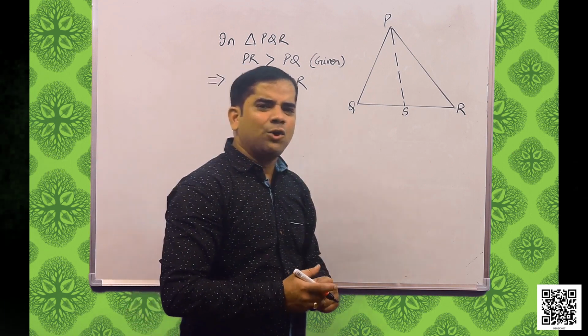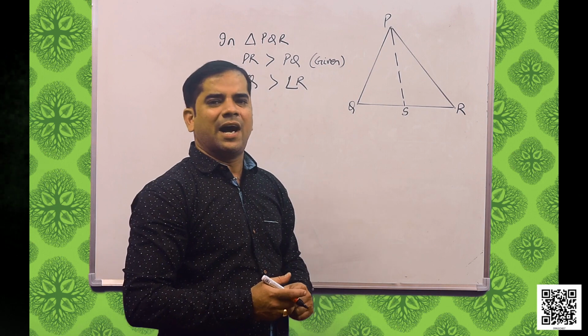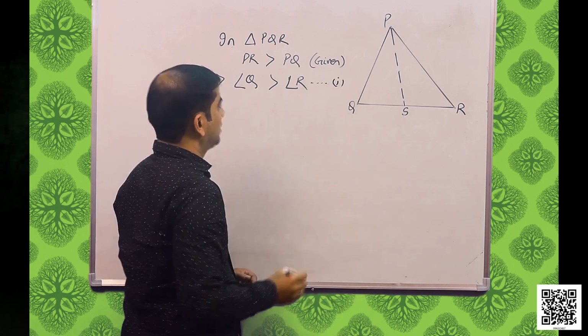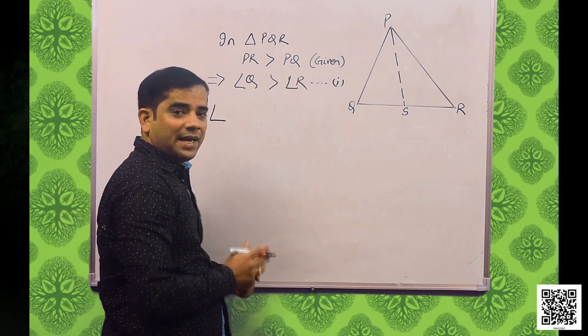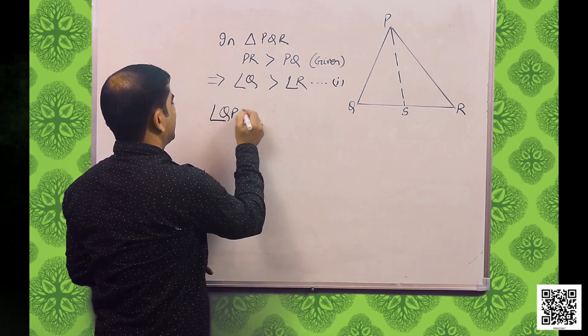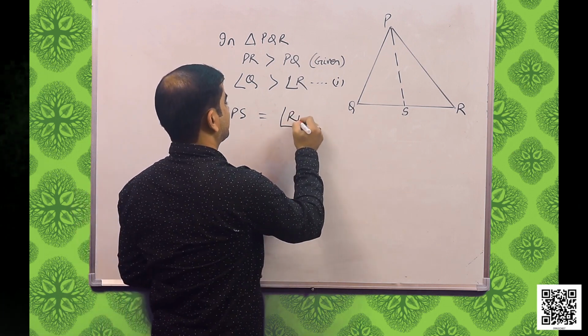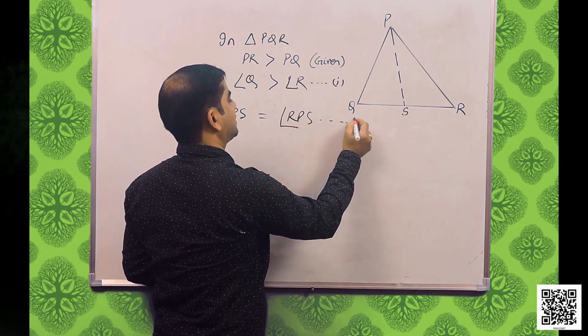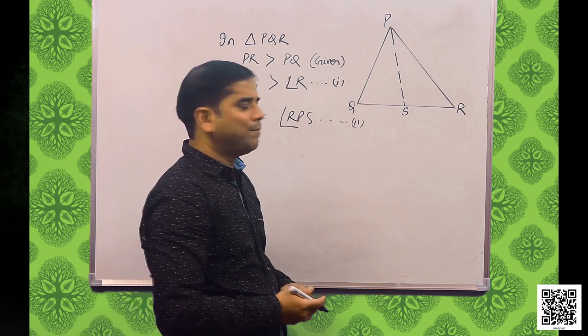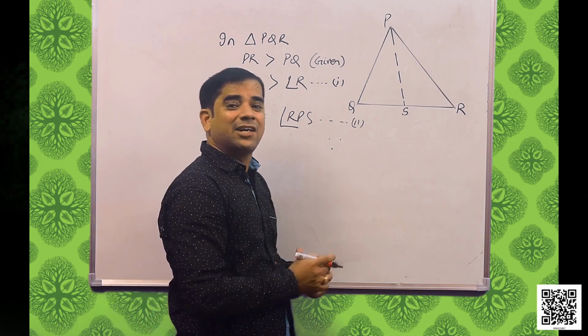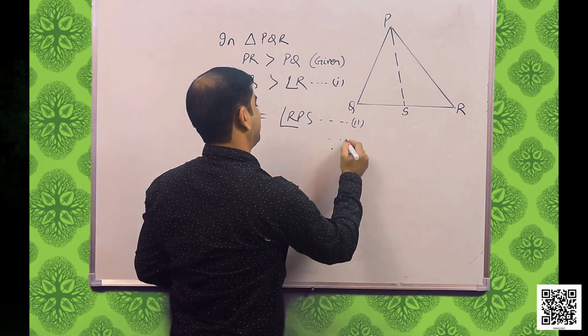Also, angle QPS is equal to angle RPS. First of all, let me mark the previous result as 1. What else? Angle QPS is equal to angle RPS. This is 2. Why? Because PS is the bisector of angle QPR.